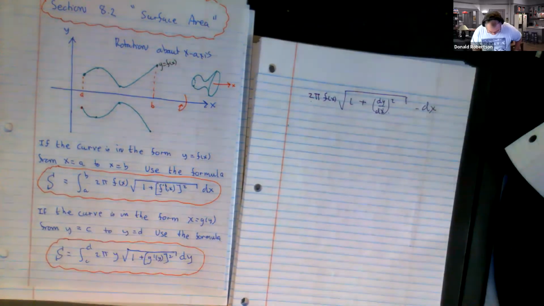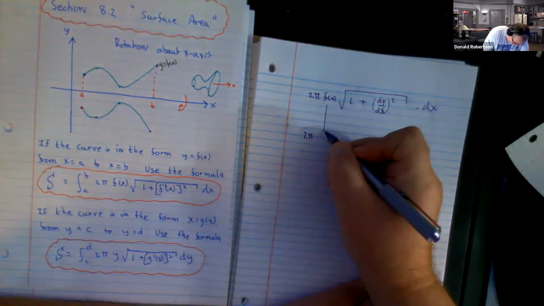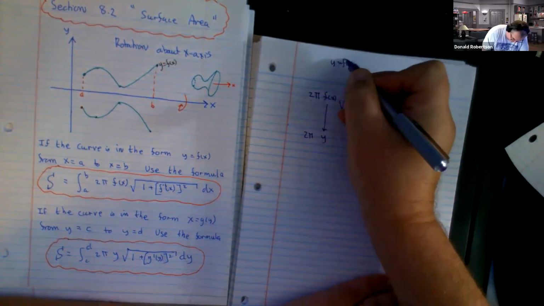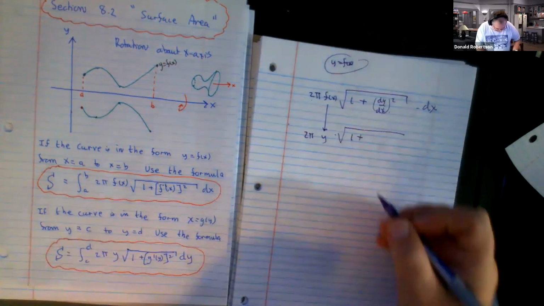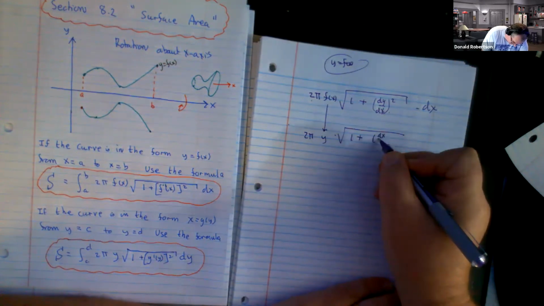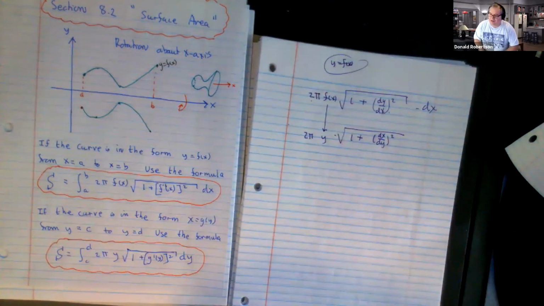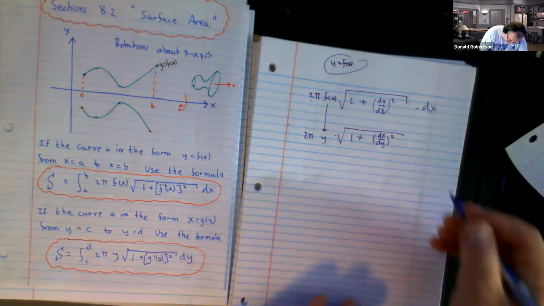And the other one is 2 pi, and this guy is y, because isn't y equals f of x? Isn't there a direct transfer? Now, the square root of 1 plus, but I'm not going to call this g dashed of y, I'm going to call this dx by dy. Isn't that basically the derivative of x with respect to y? So that is equivalent to him, dy.